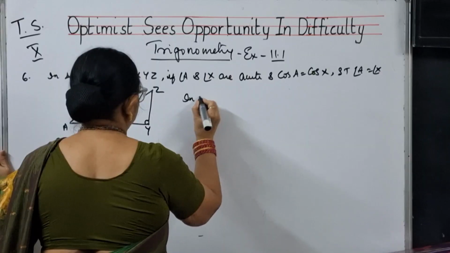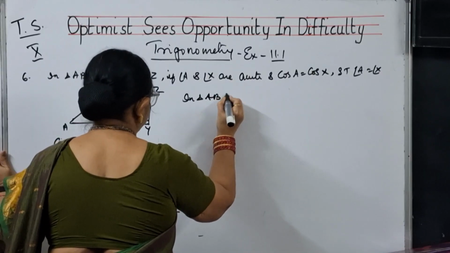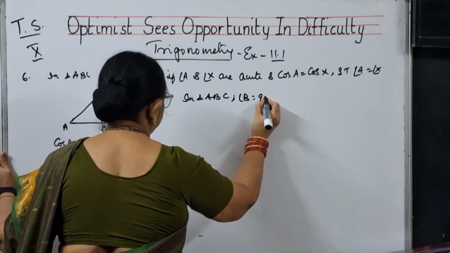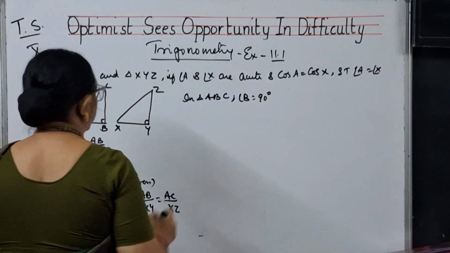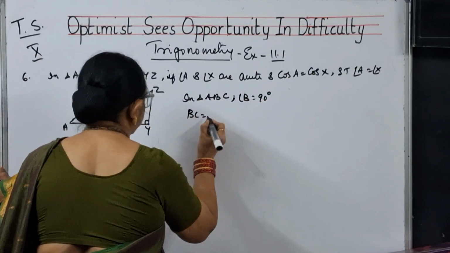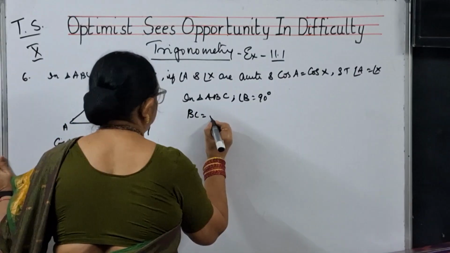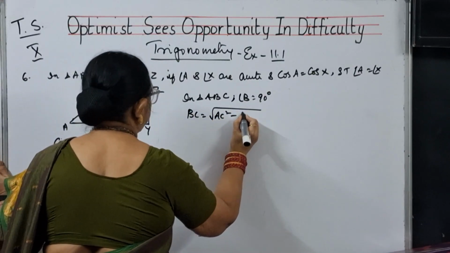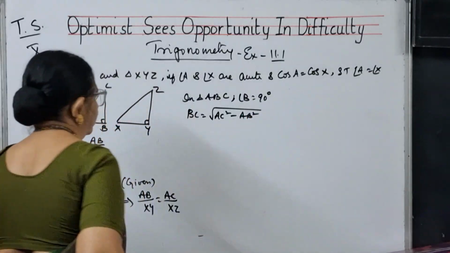In triangle ABC, angle B is equal to 90 degrees, of course, we know that. So BC is equal to root of AC square minus AB square.